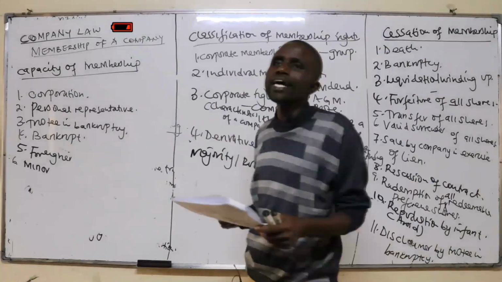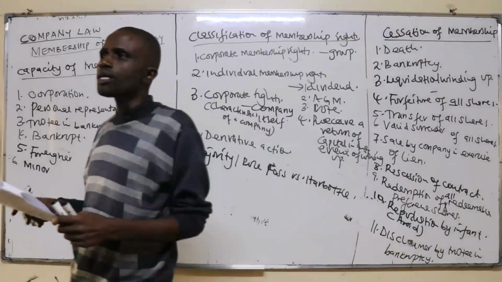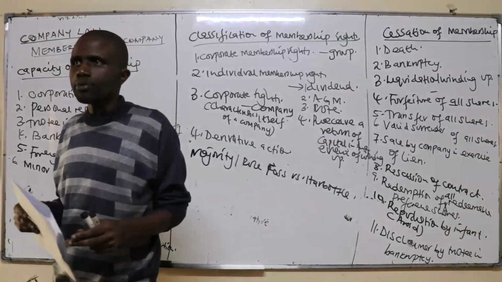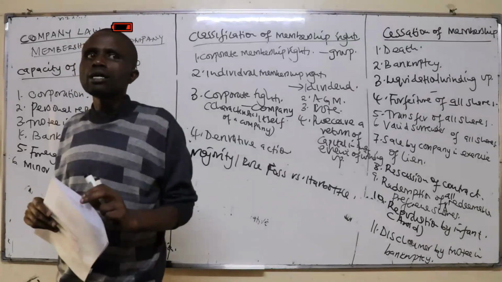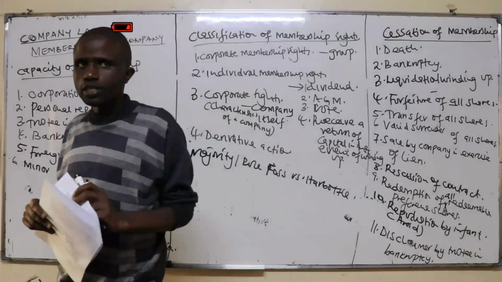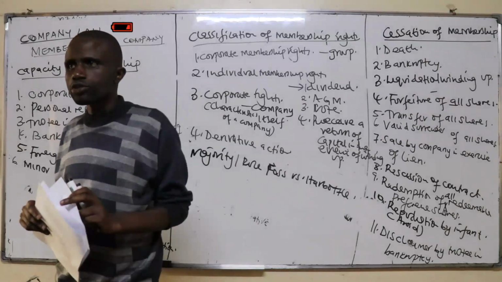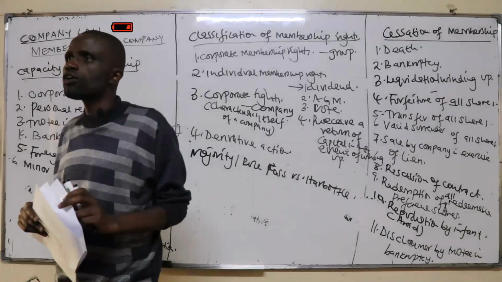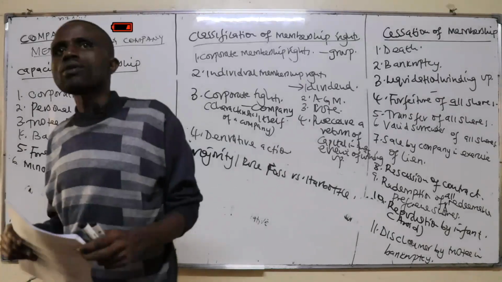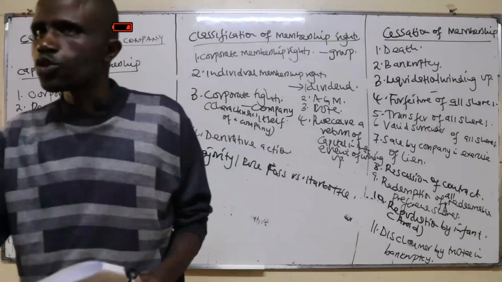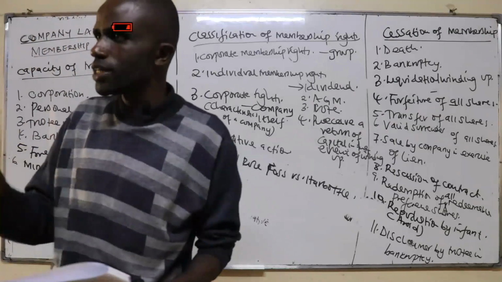Two, special or qualified majorities. For instance, I give you an example. To alter the memorandum of association, it requires a special resolution. Let's say it did not reach the threshold of a special resolution, it did not reach the special majority.